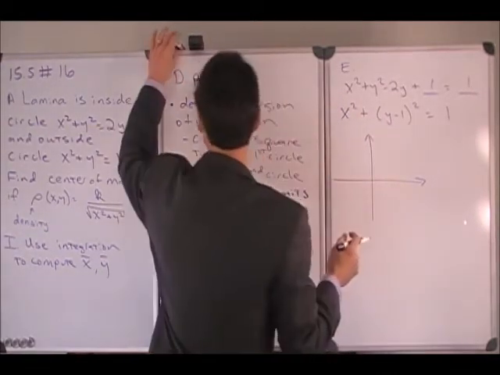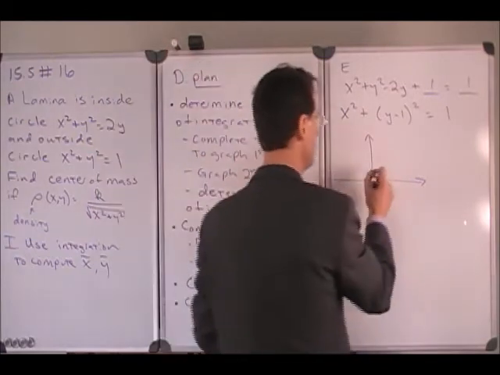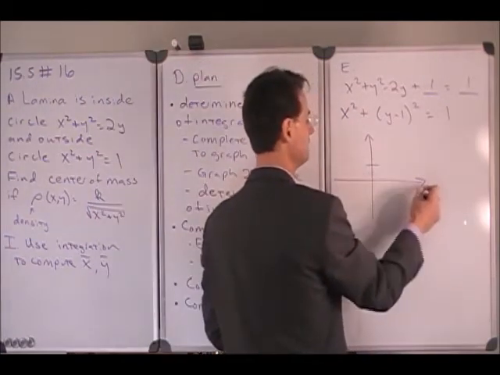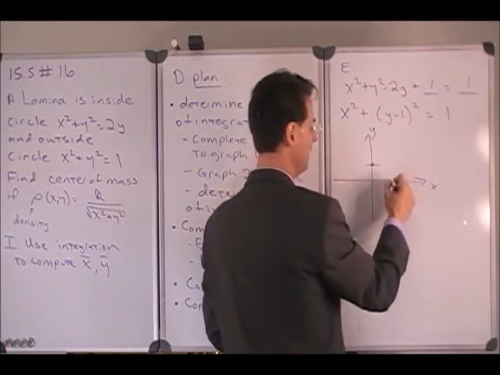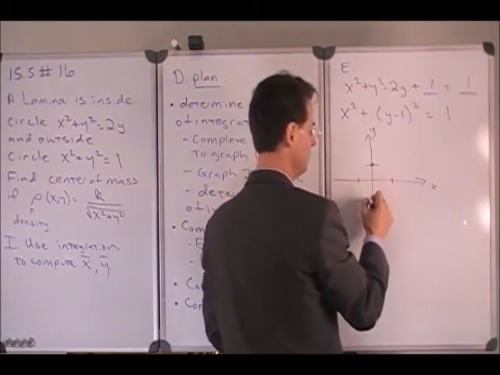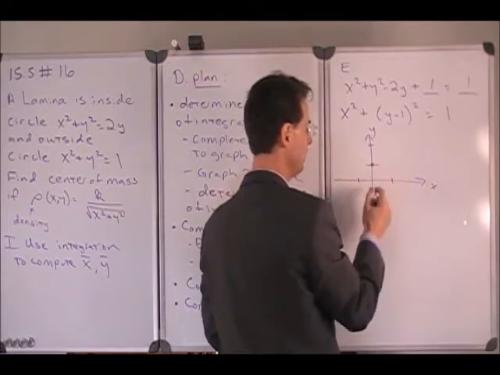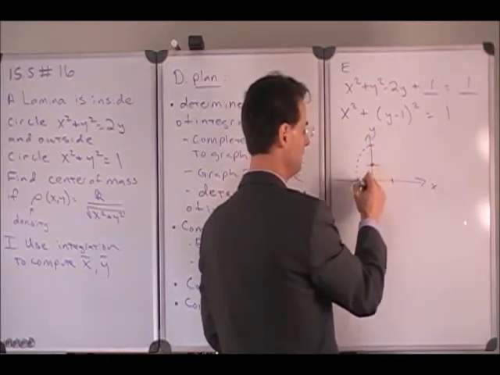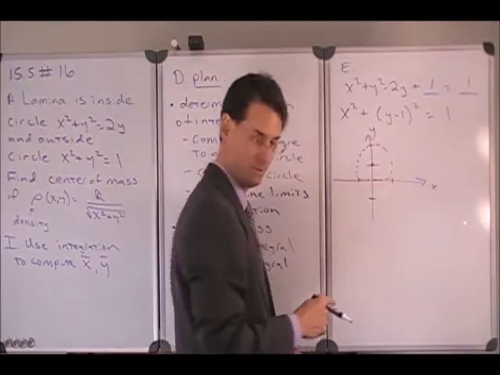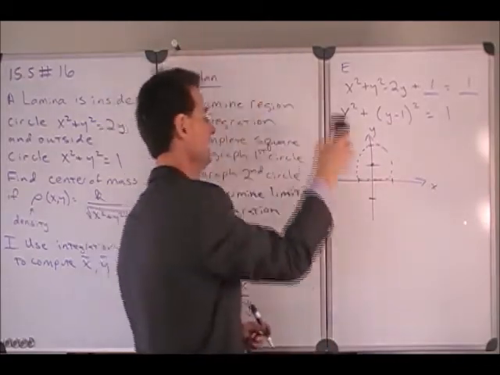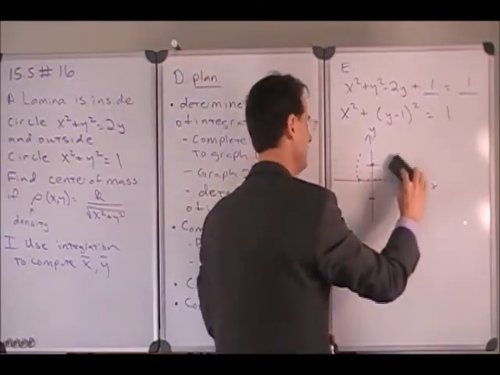So maybe it'd be good to proceed with two colors. So the circle is centered at x equals 0, y equals 1, and the radius is 1. So think about where the circle's going to go. It's going to kind of... that was a pretty poorly drawn circle. Let's go ahead and try drawing that one again.